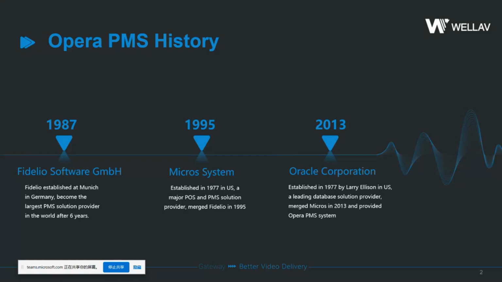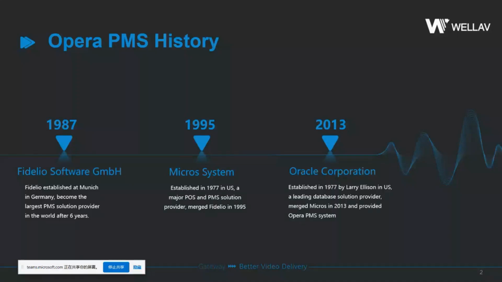Oracle was established in 1977 by Larry Ellison in the US, and in 2013 they merged with Micros. Oracle has another name for their property management system, and the latest name is Opera. So Opera PMS, Fidelio, or Micros Fidelio PMS are actually the same thing.